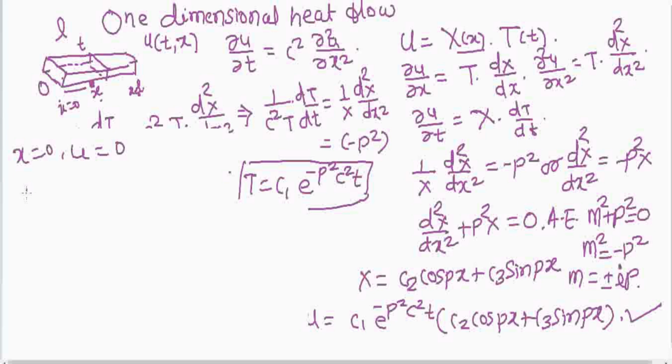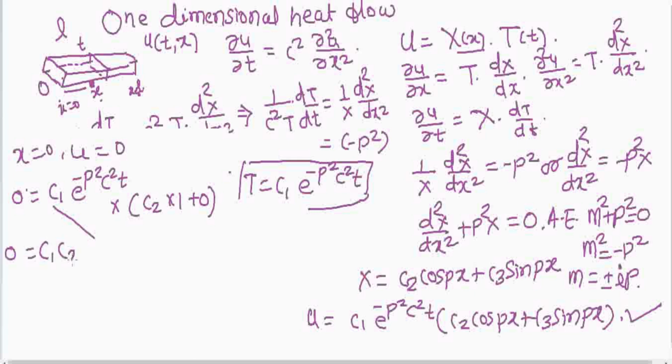Putting u equal to 0 in this equation gives us 0 equal to c1 into e raised to minus p square c square t into c2 into cos 0, which is 1, plus c3 into sine 0, which is 0. So 0 equal to c1 into c2 into e raised to minus p square c square into t.